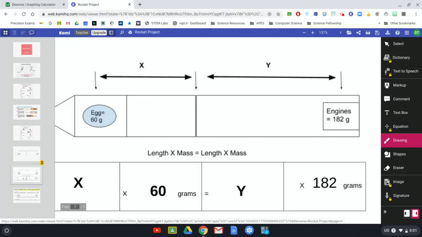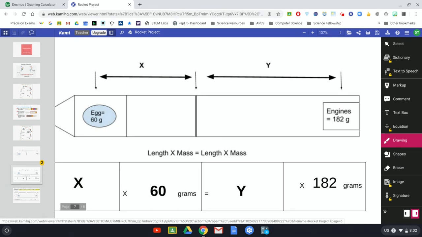So I've put some estimates in here for you. A single large egg on average is around 60 grams. It can be anywhere from like 54 to a little over 60, but a good estimate is 60 grams. The four engines by themselves are 182 grams.